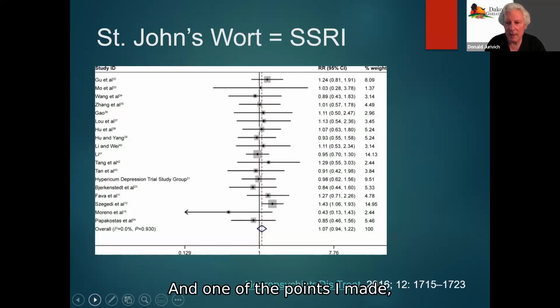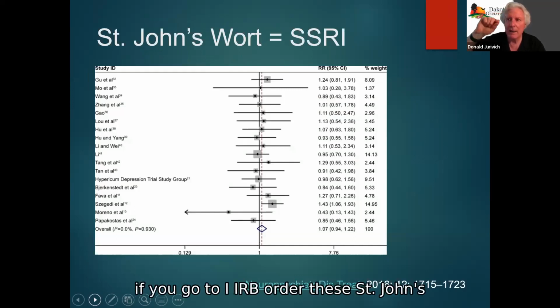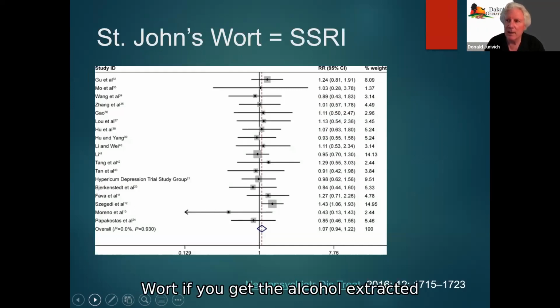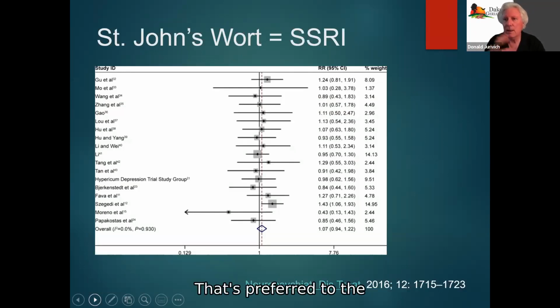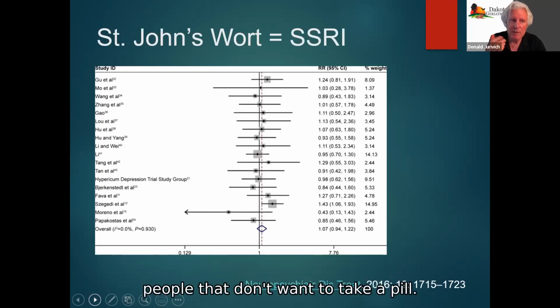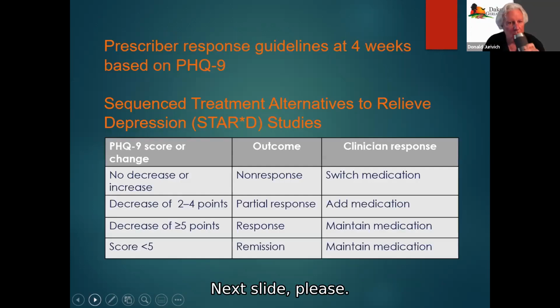One of the points I made, and I can't recall the study, is that if you go to iHerb to order St. John's wort, the alcohol extracted version made in Germany is preferred to the solubilized stuff that you put in tea. So just a word to the wise there. And this is helpful for people that don't want to take a pill. You say, well, maybe would you take an herb? And it's equivalent. So that's the good news. Next slide, please.